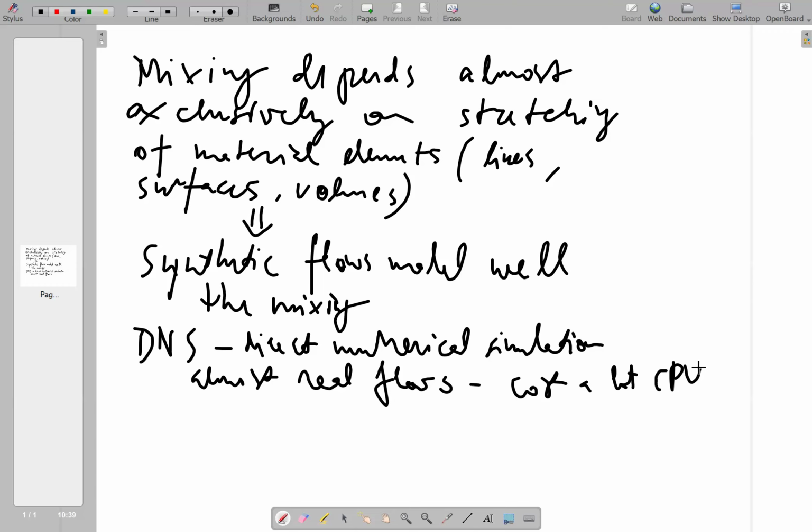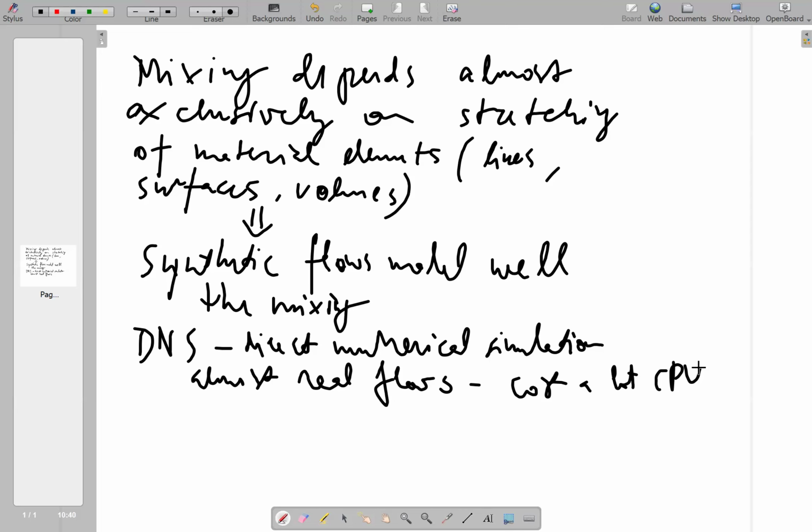First of all, if you have access, of course, you can take some flow data. You don't need to run DNS. You can take simulation results of DNS, and these are pretty much real. But sometimes synthetic flows have an additional benefit, because with synthetic flows, you know exactly what you are putting in. DNS gives you turbulent flow, which has more complicated statistics than synthetic flows.